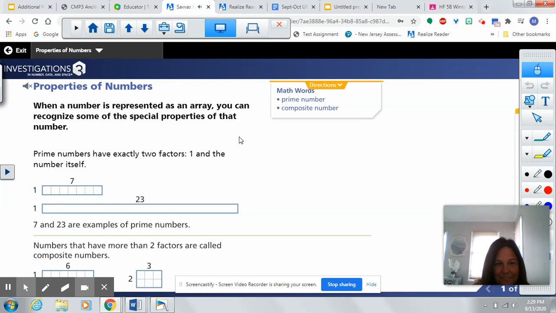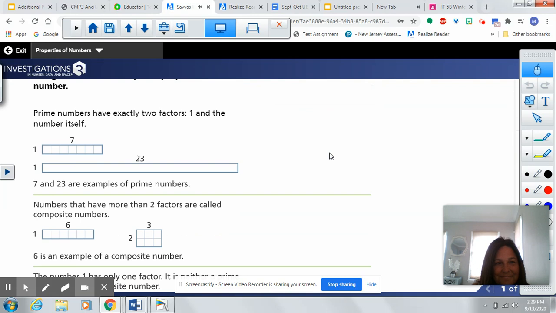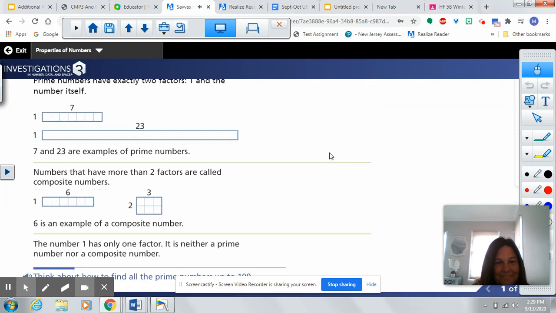Prime numbers have exactly two factors, 1 and the number itself. 7 and 23 are examples of prime numbers. Numbers that have more than two factors are called composite numbers. 6 is an example of a composite number. The number 1 has only one factor. It is neither a prime number nor a composite number.